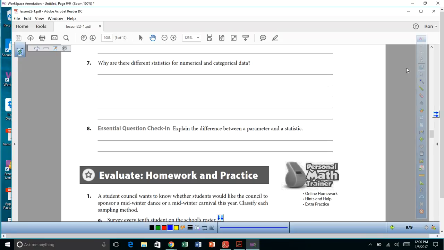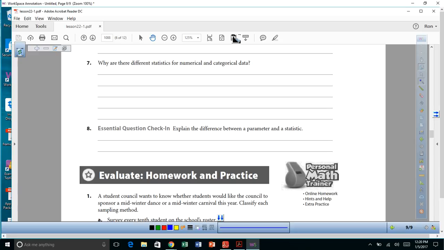Think about it. If you add up all the different zip codes in this area here, and then you divide it by the number that there are, you're liable to get a zip code that's not even around here.